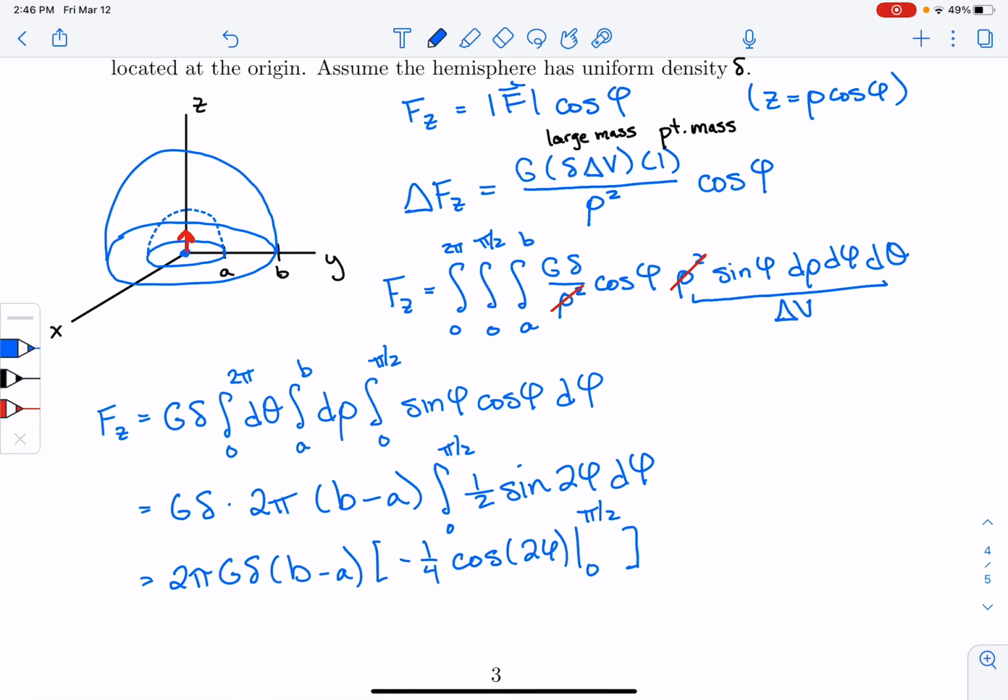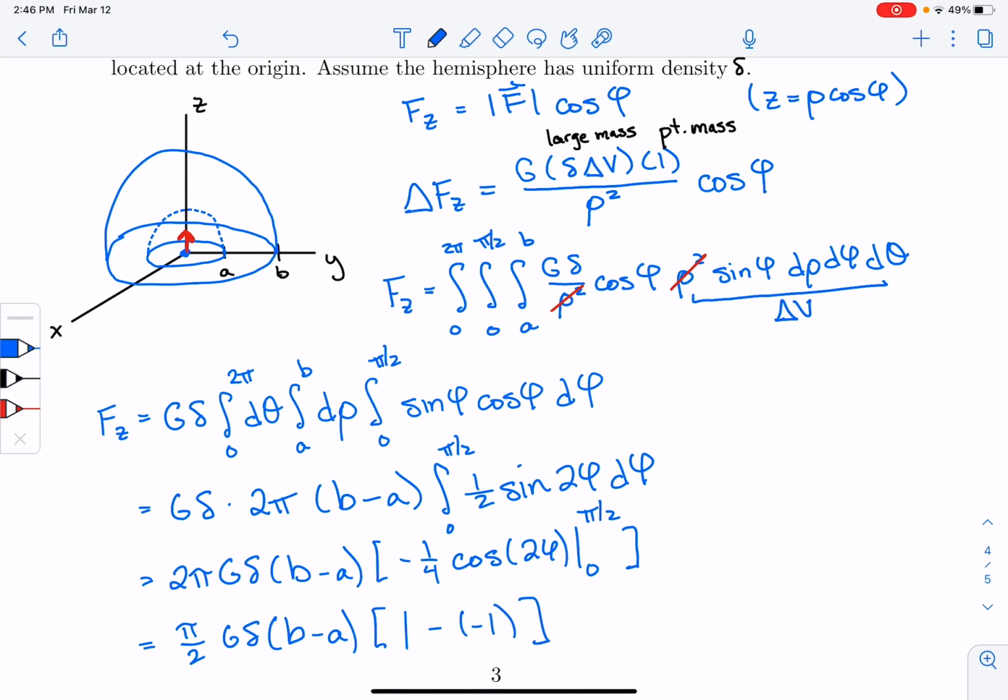So this is going to give me pi over 2, going to multiply by that 1/4, G delta times B minus A. And then I'm going to be left with minus cosine of pi, so that's going to be 1, minus a negative 1 for cosine of 0.